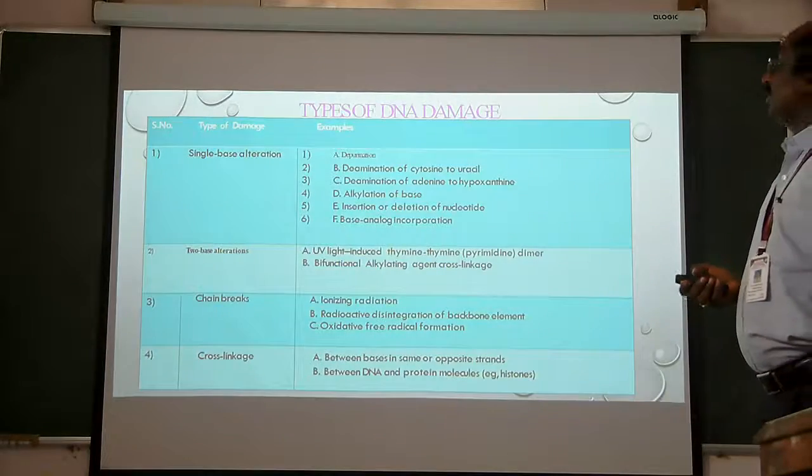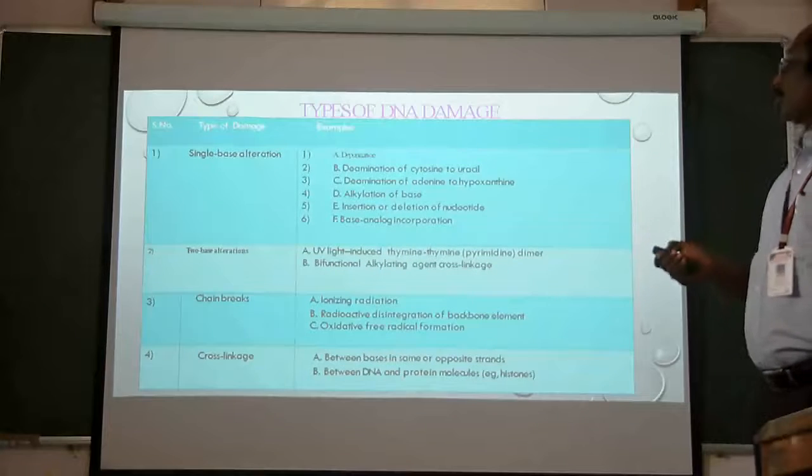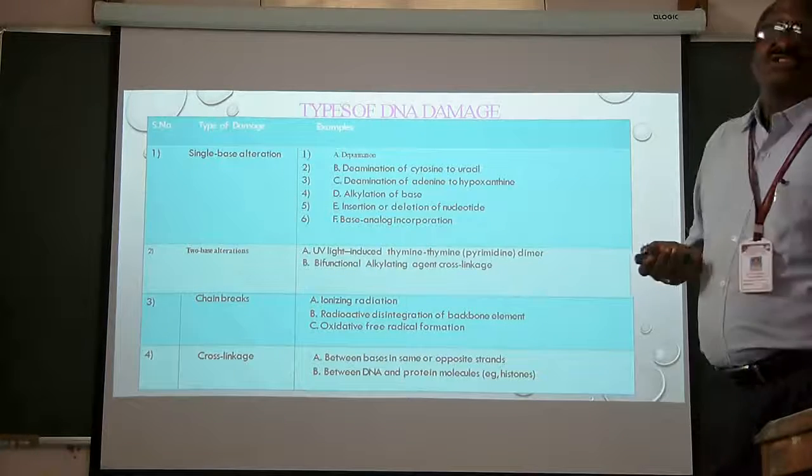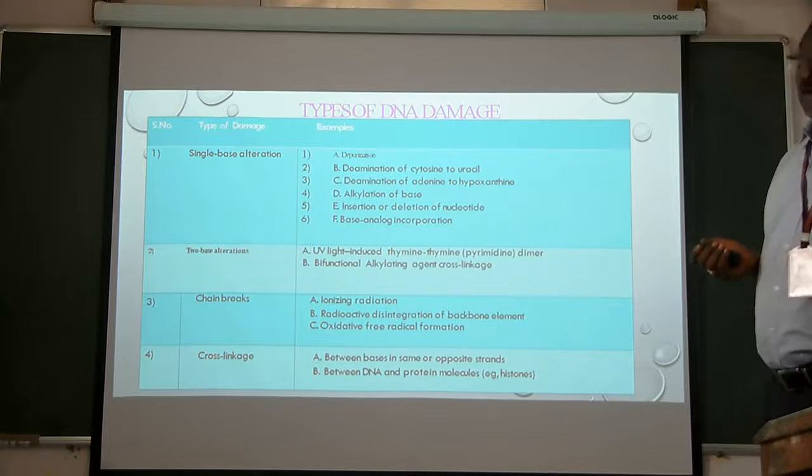The next is the types of DNA damage. What types of damage to the DNA occur? The very first is single base alteration, and there are again different kinds.